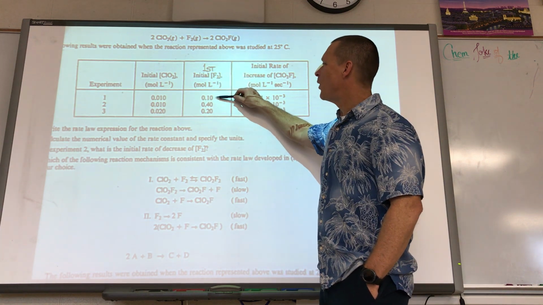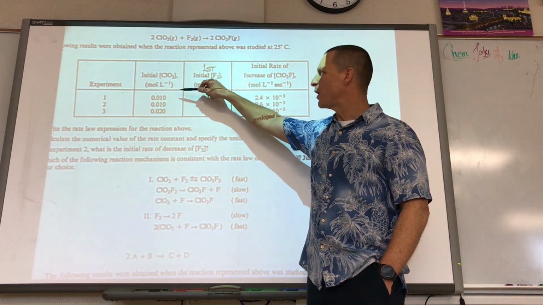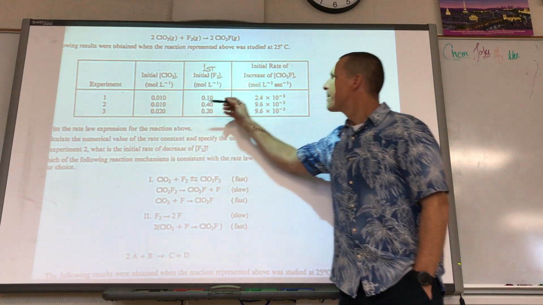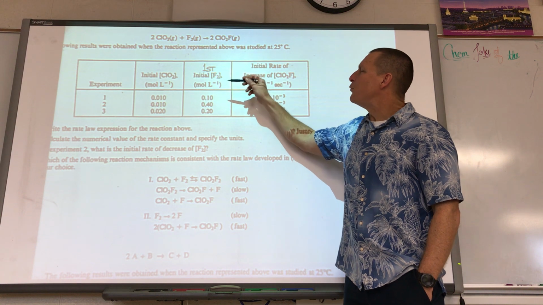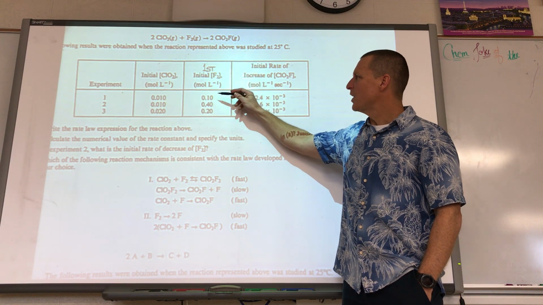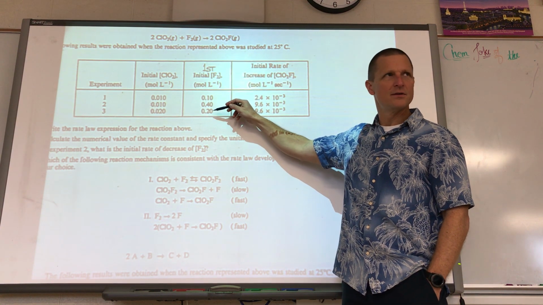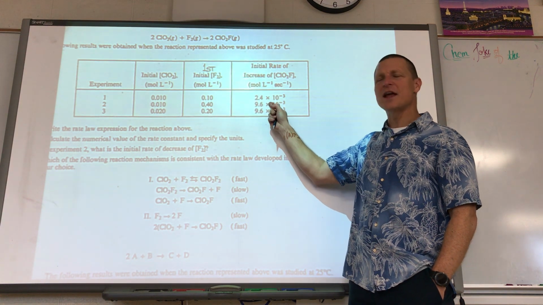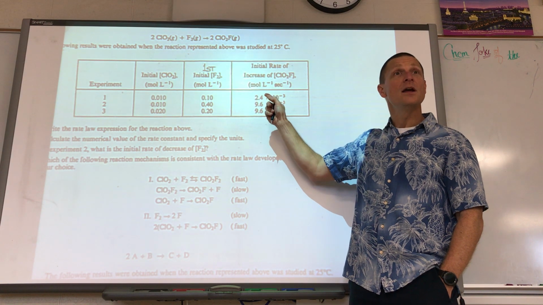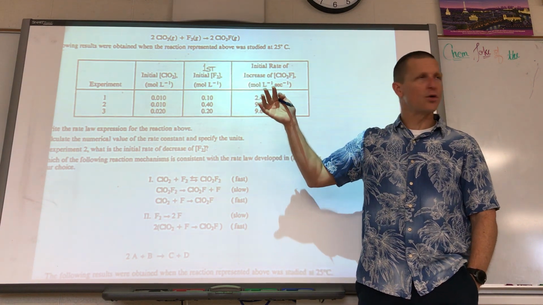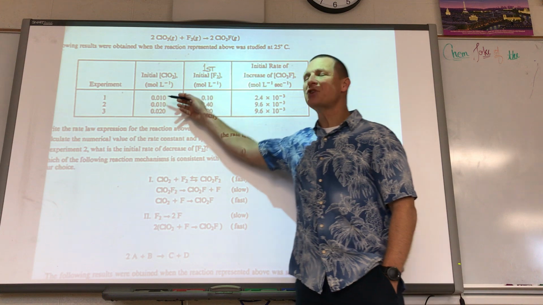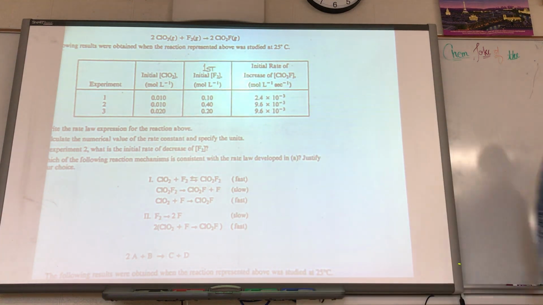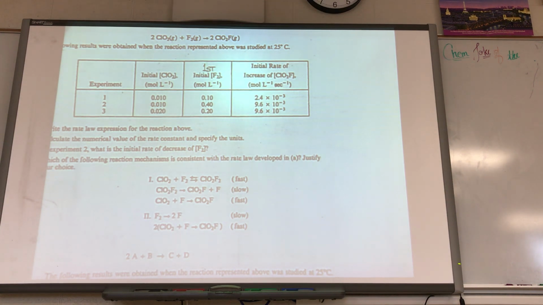I'm going to use trial 1 and trial 3 to figure out the order of ClO2. If F2 is first order and its concentration doubles, everybody look at this: what should that do to the rate? It should double it. Now this one is changing too, but just the fluorine is doubling, so I'm going to correct the rate.